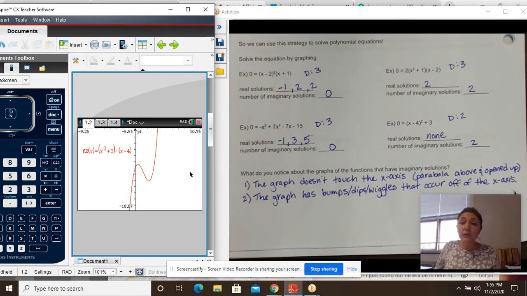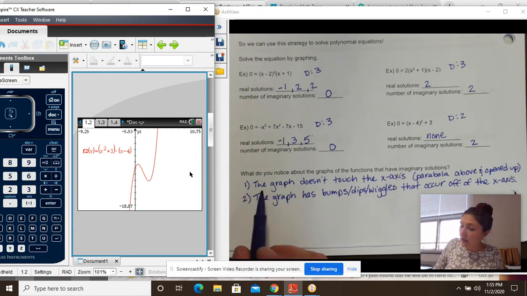Okay? So that means that I can actually look at a graph and decide if I would expect it to have imaginary solutions based on if these things happen on my graph.